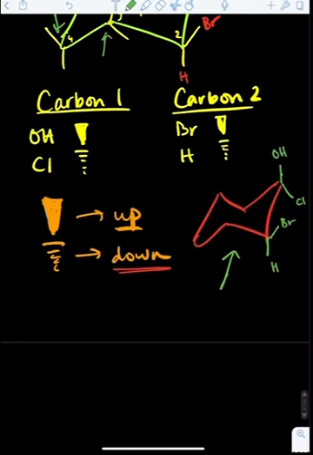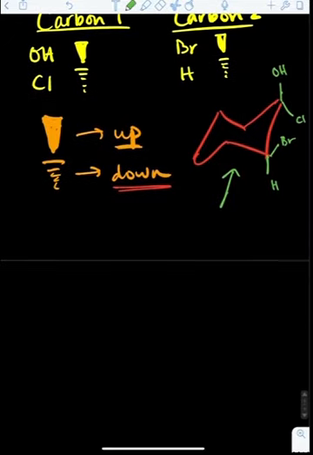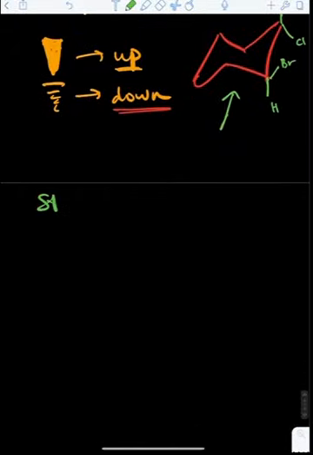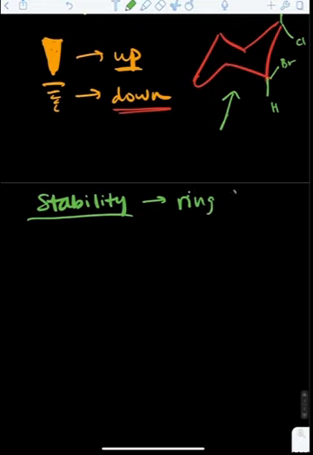And in the next video, I'm going to be going over something called a ring flip. And then from that, we're going to be determining the stability of that chair conformation. This has to do with what bonds are equatorial and which bonds are axial. So, a kind of precursor to the next video, we're going to be talking about stability, because we are going to be doing something called a ring flip.